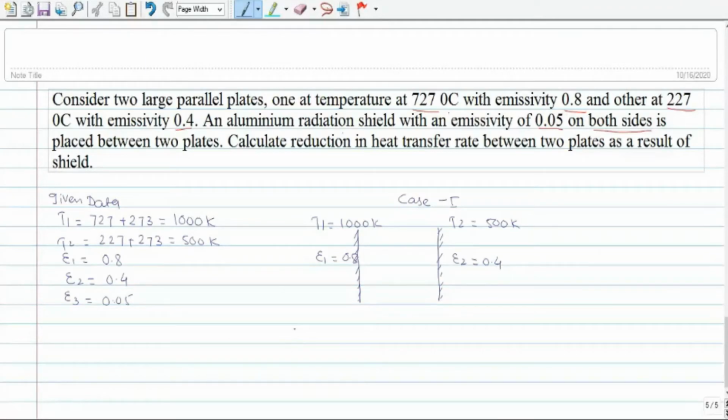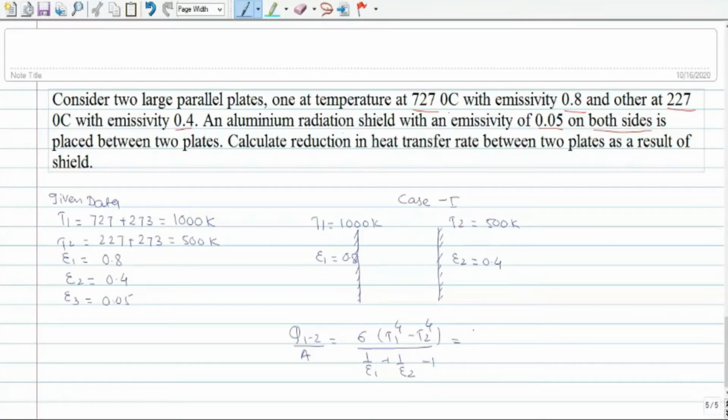So the heat exchange between 1 to 2, taking area over here, becomes watt per meter square, sigma into T1 to the power 4 minus T2 to the power 4 divided by 1 upon E1 plus 1 upon E2 minus 1.